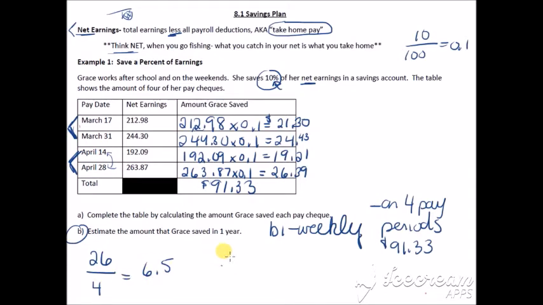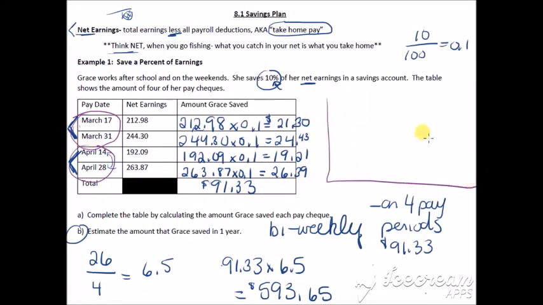So we can just multiply 91.33 times 6.5, which is $593.65.